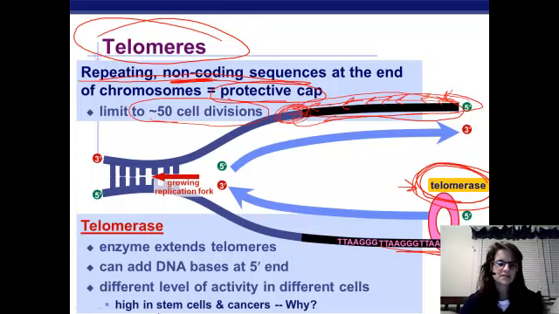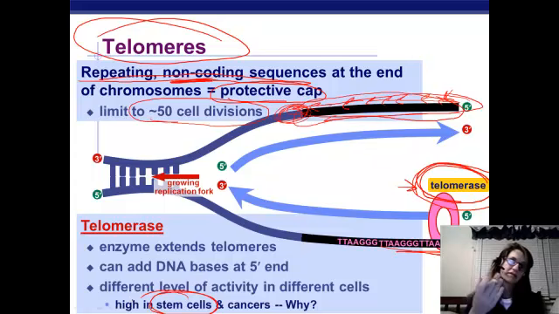Stem cells are cells that your body is creating in your bone marrow, for example, that can create blood cells that are brand new. Telomerase is active in those because, again, we're trying to create brand new cells.